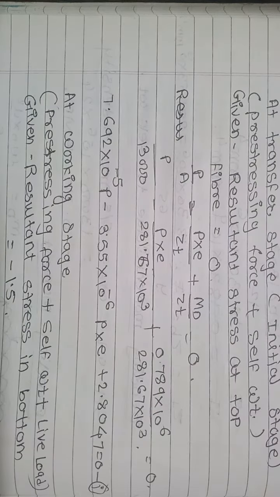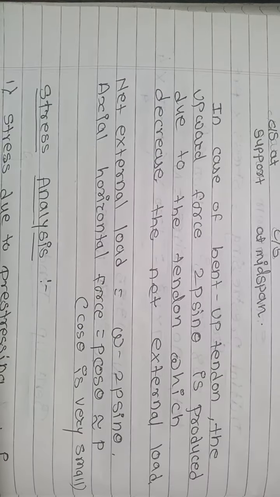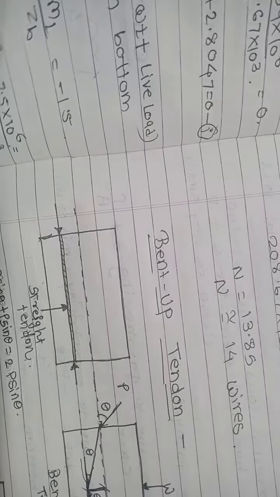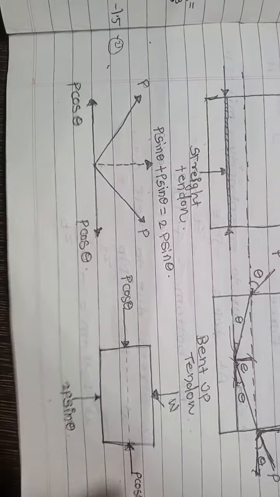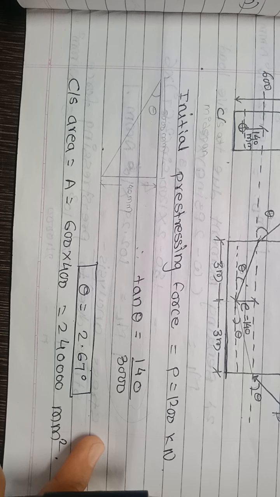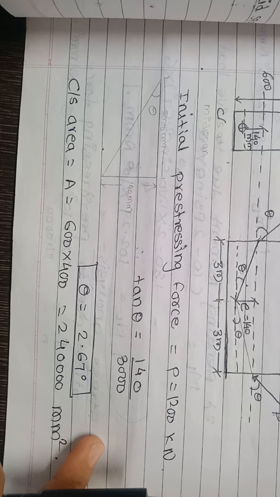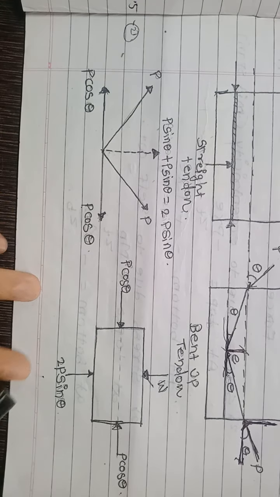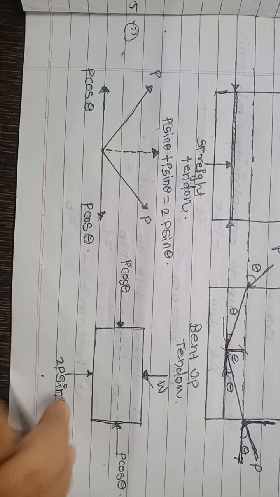The tendon decreases the net external load, that's why 2P sin theta is produced.